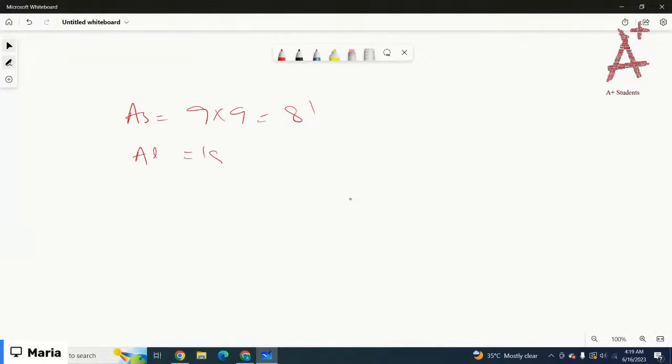Then the area of the larger would be 18 times 18, that would be 324. So you have to calculate the area of the shaded region. You have to subtract 324 minus 81. When you subtract them, it makes 243.